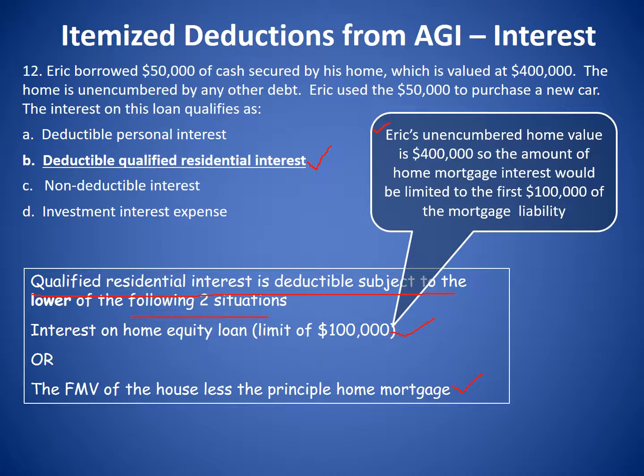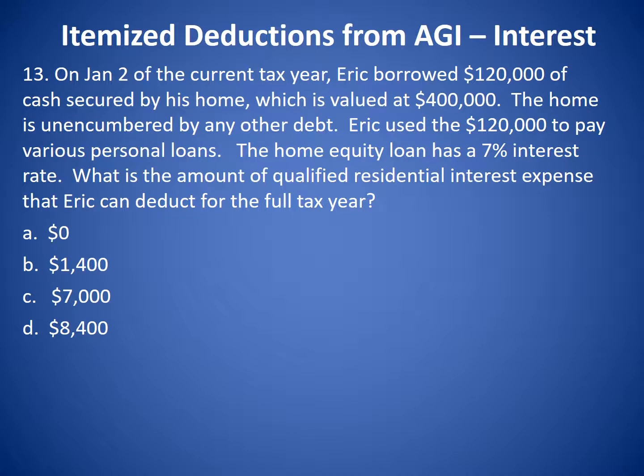Let's take a look now at question number 13, another itemized deduction from AGI. On January the 2nd of the current tax year, Eric borrowed $120,000 of cash secured by his home, which is valued at $400,000. Now, the home is unencumbered by any other debt, so that's the only debt on the property.